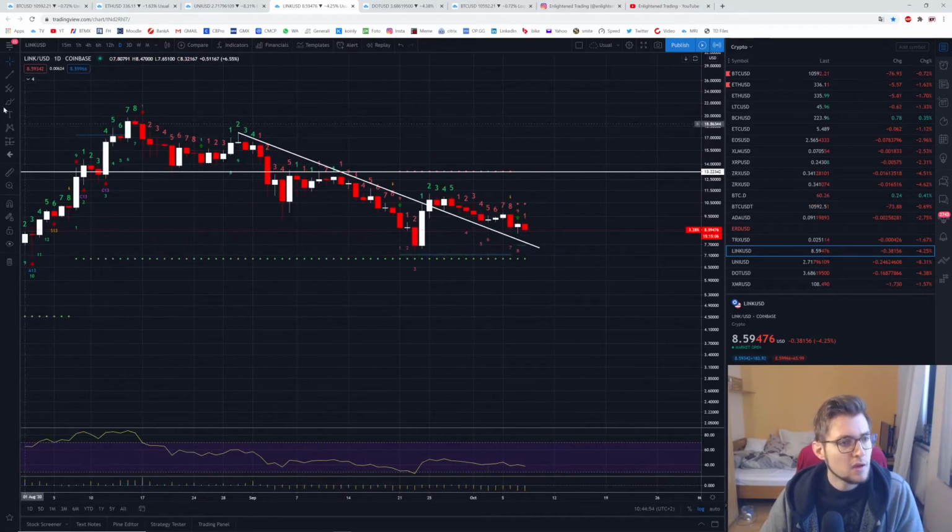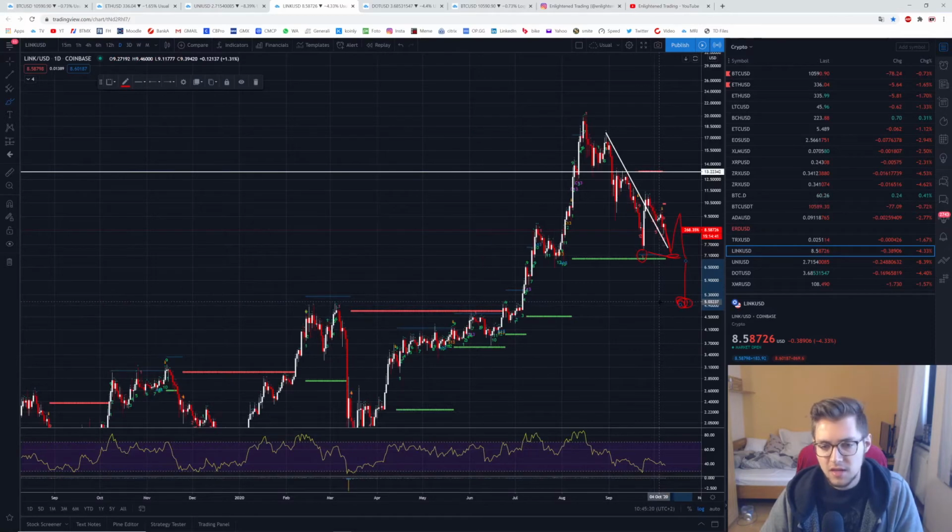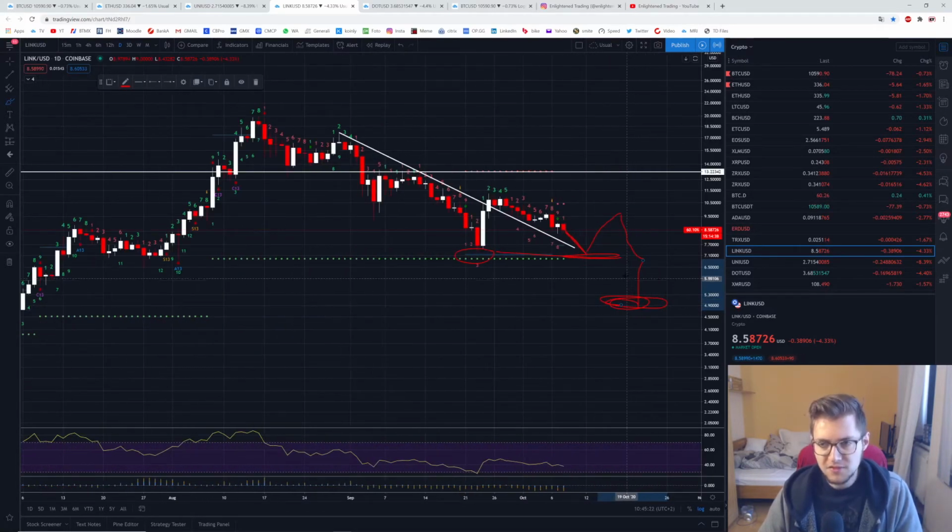I still think a move down to this level of 7.1 to 7.3 is pretty likely, and that we actually already are on the way to this level, possibly seeing a bounce again, and then maybe finally a rejection and breaking 6.9 to move to my major support area around $5, which would be an amazing buy the dip scenario, similar to some of these other altcoins, and as well similar to Ethereum mostly.